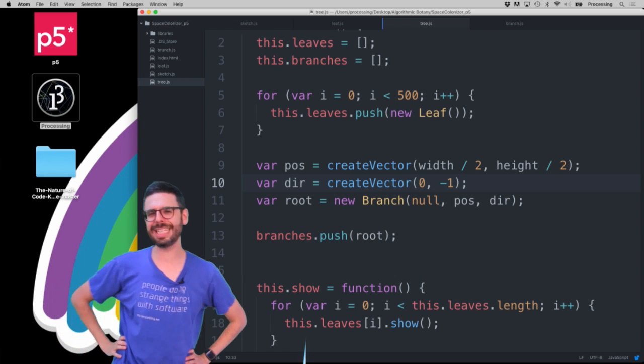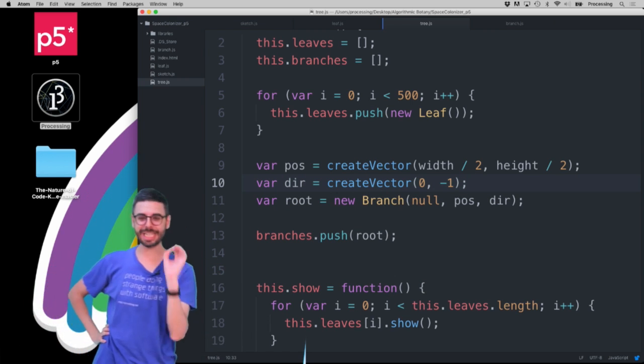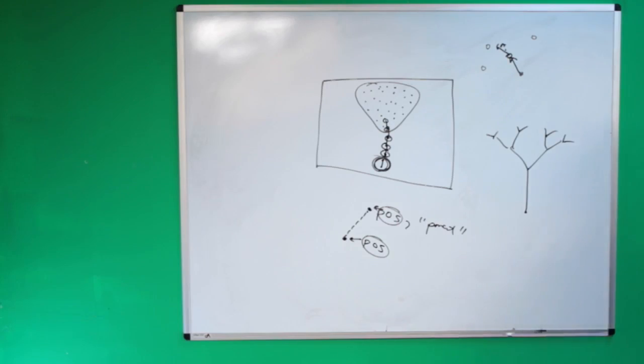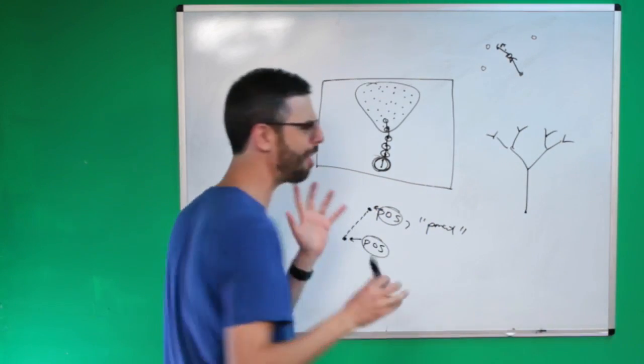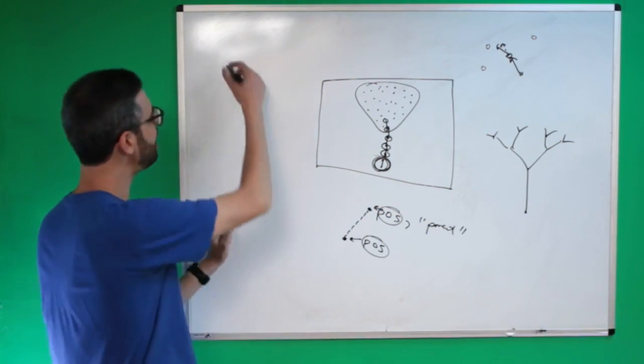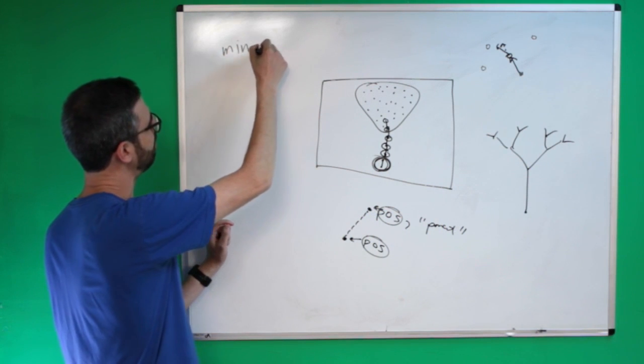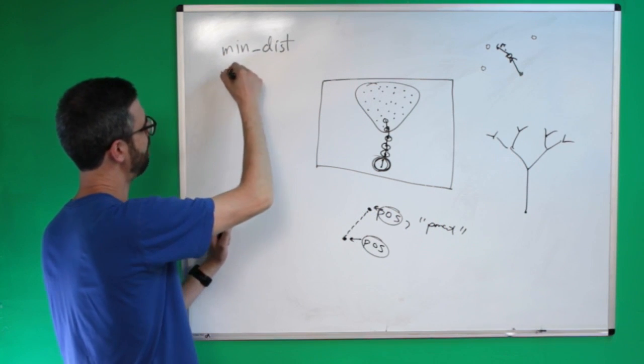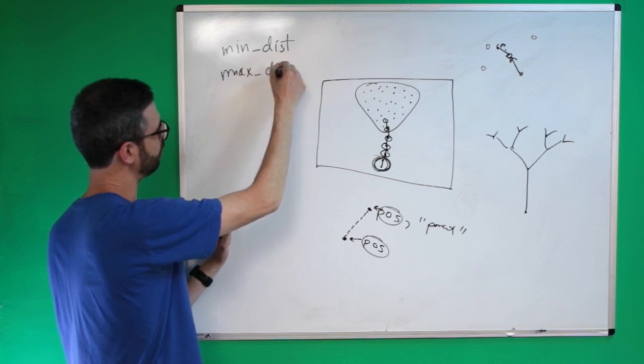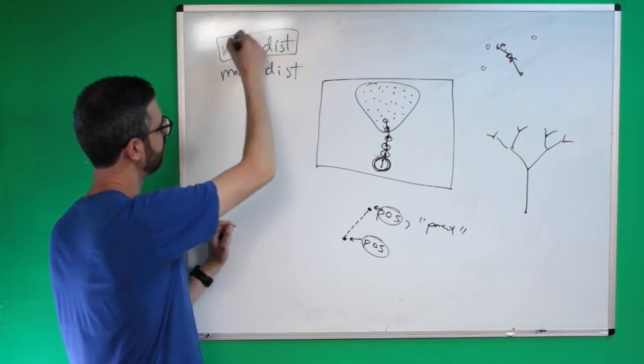So one thing that I need to do is, here's a key. There's a key piece of data in this algorithm. There's a lot of pieces to this algorithm, but the key pieces of data are something called a minimum distance and a maximum distance. If you read the paper, this will be described in the paper.